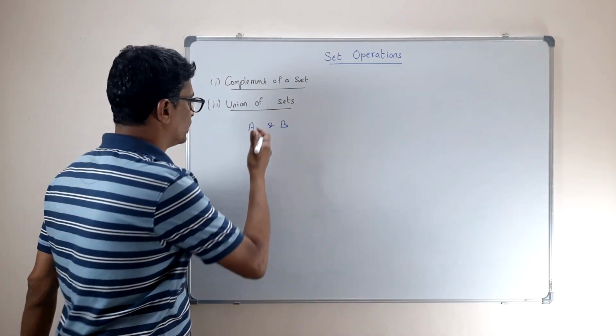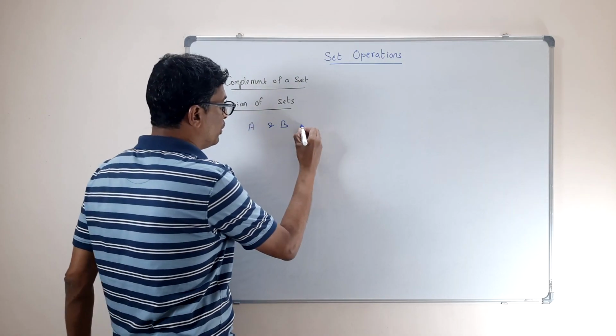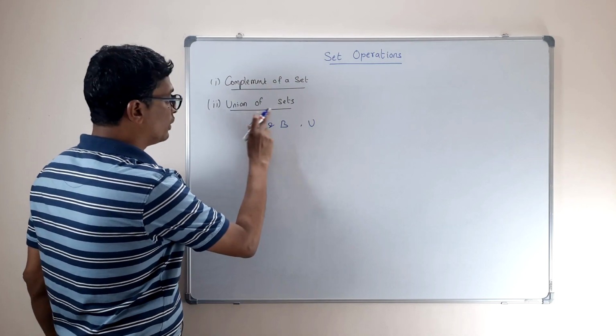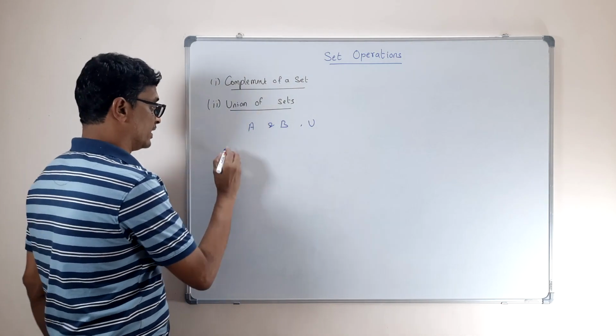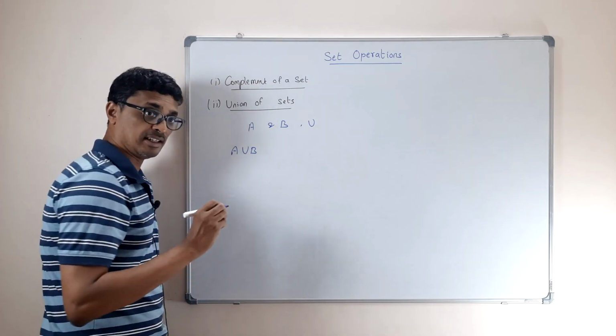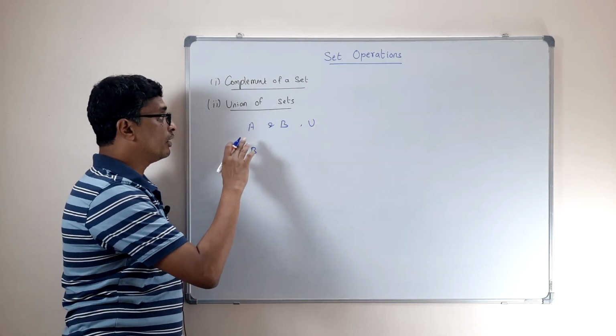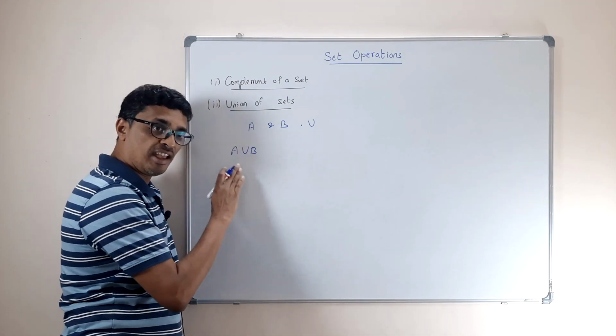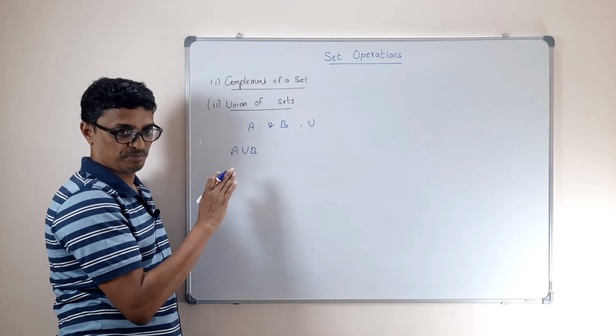So the union of sets is a set. The symbol is A union B, a set which contains all the elements of A as well as B.